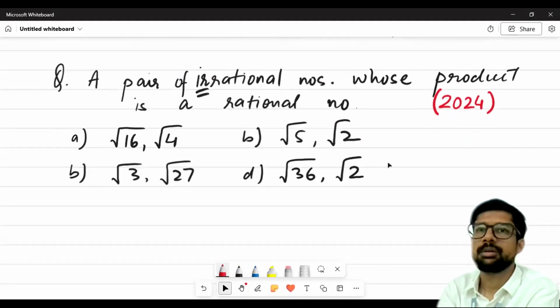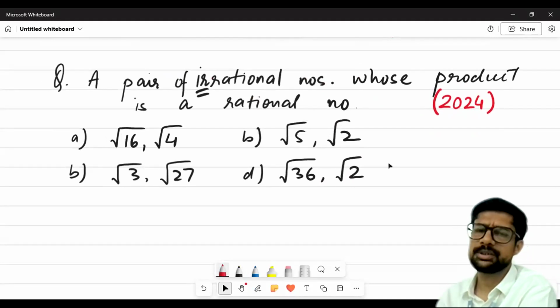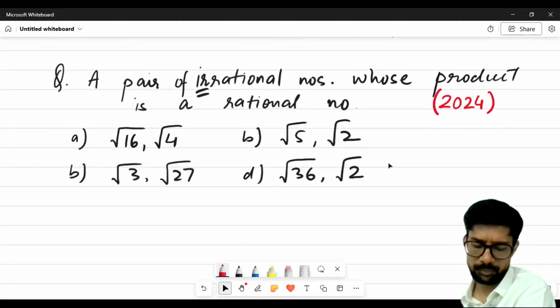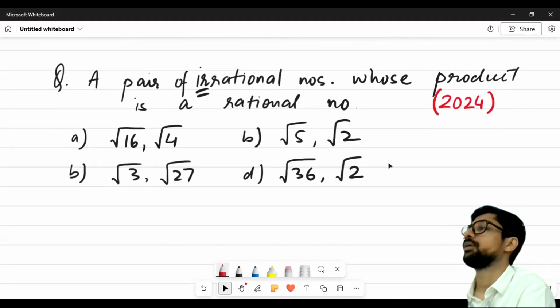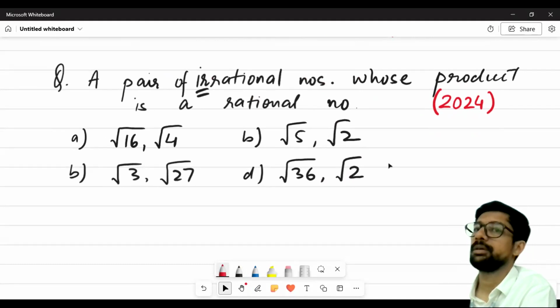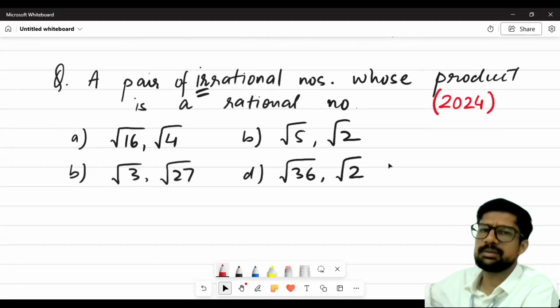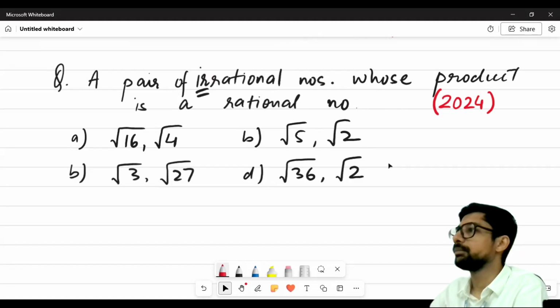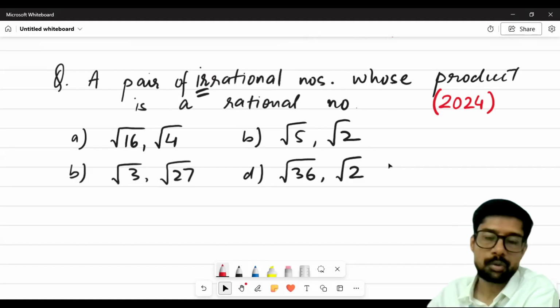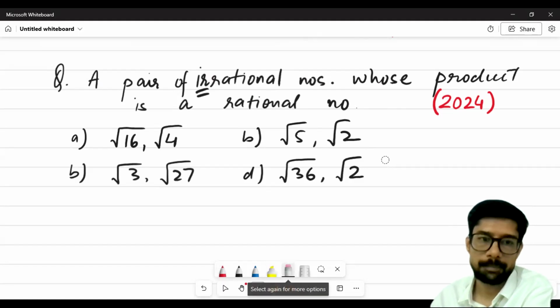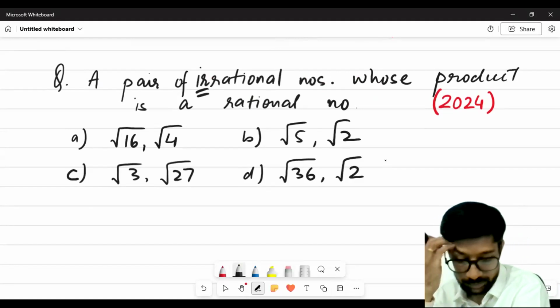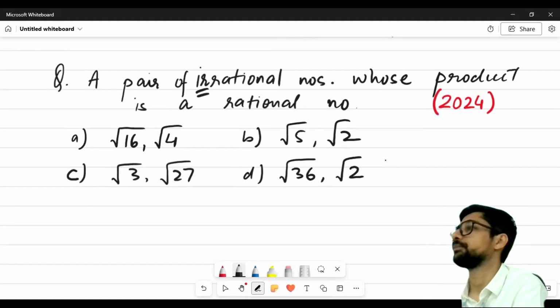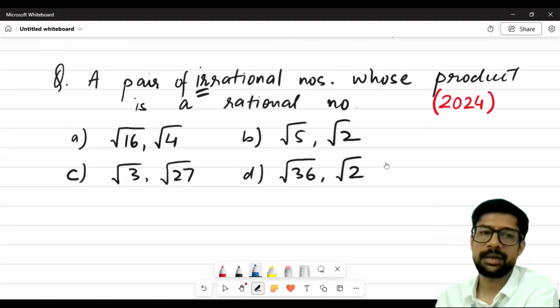Okay, come on. This could be easily performed on the basis of the information available from class 9. Which 2 irrational numbers being multiplied give you a rational number out of these? So this particular one is C. Okay, why not the first one?